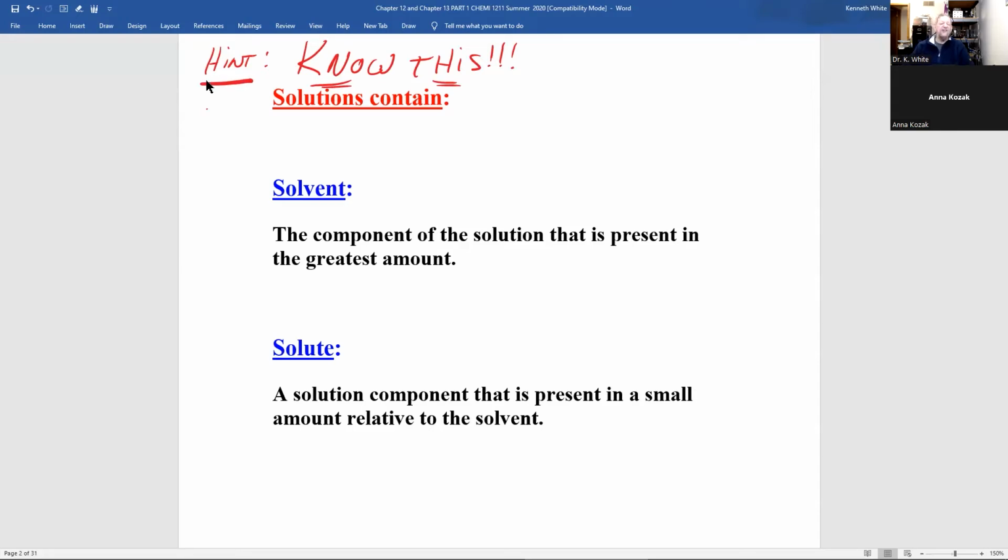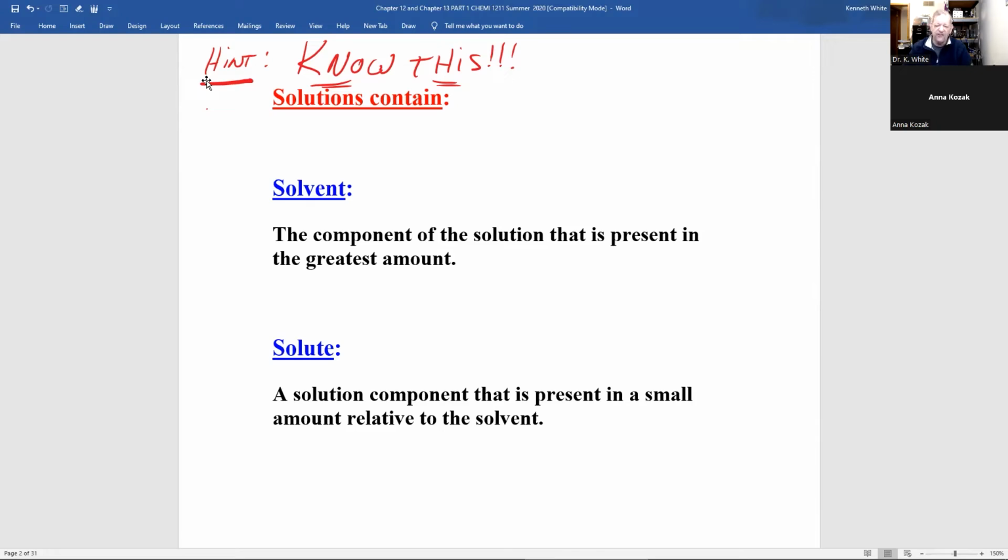And know this, every solution contains a solvent, and a solvent is the component of the solution that is present in the greatest amount. Again, if you have a solution, the component present in the greatest amount is called the solvent.